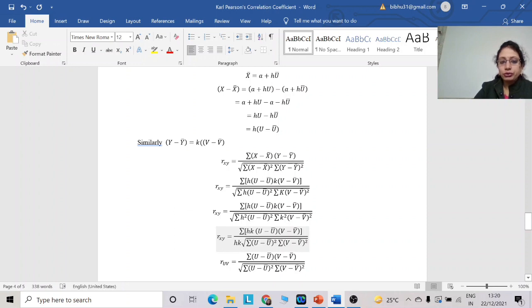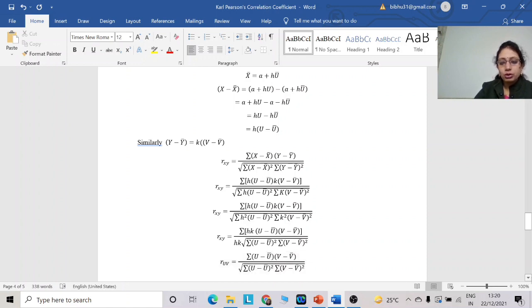So hk gets cancelled. What remains is summation of (u minus u bar)(v minus v bar) in the numerator, and in the denominator the root of summation of (u minus u bar) whole square and summation of (v minus v bar) whole square.